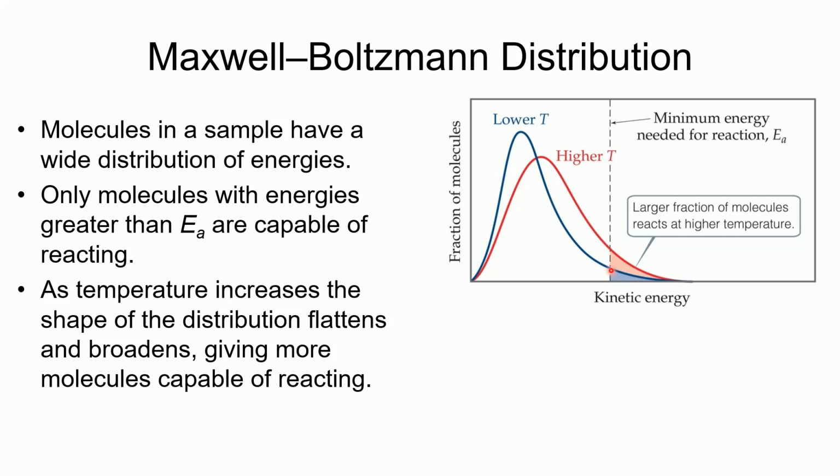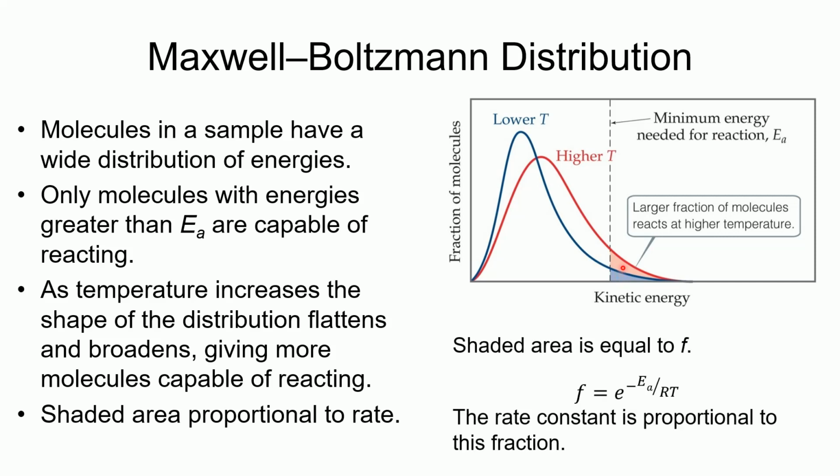Again, it doesn't guarantee that they will react because we still have the orientation factor to consider. But the shaded area will be proportional to the rate, and in fact, it'll be proportional to the rate constant.